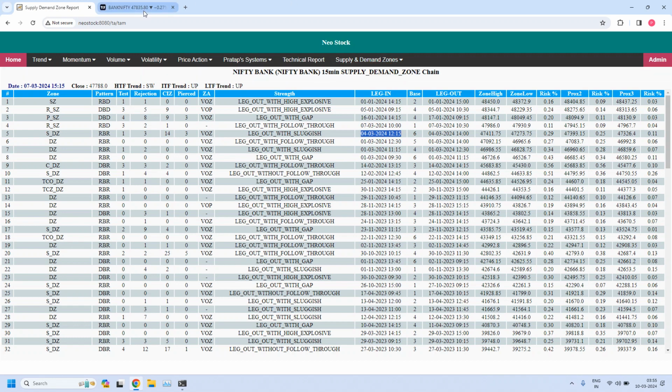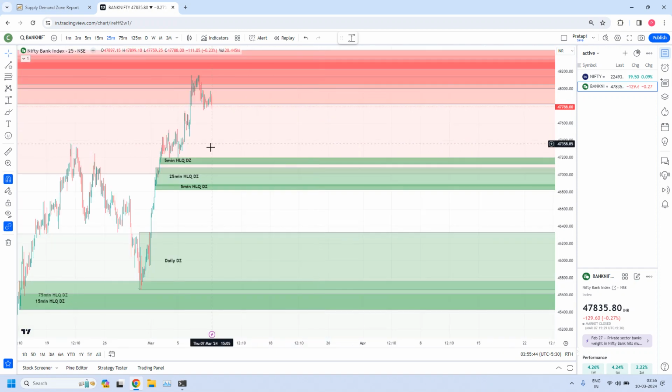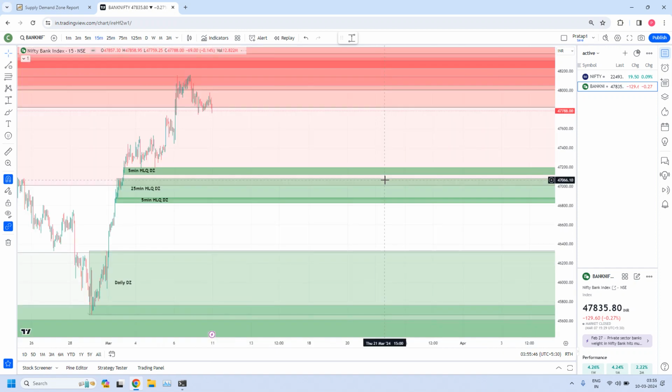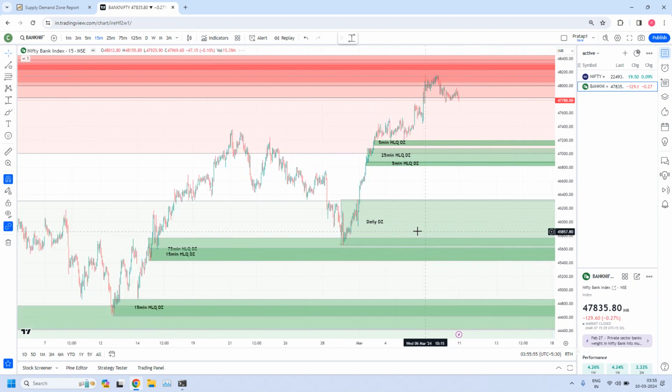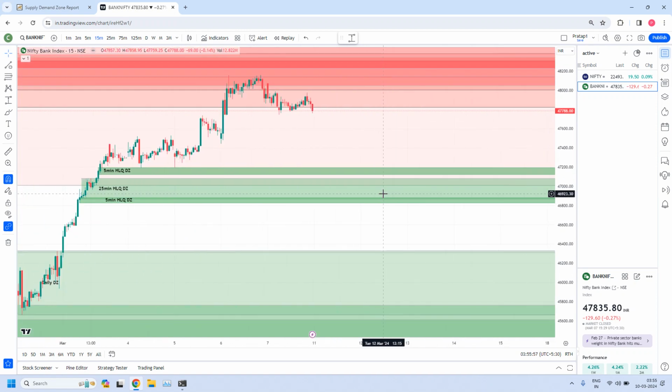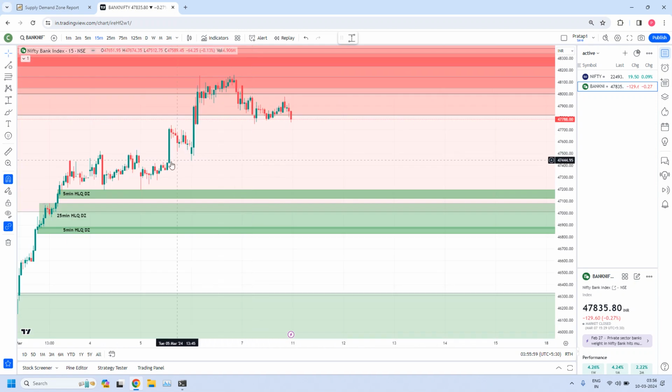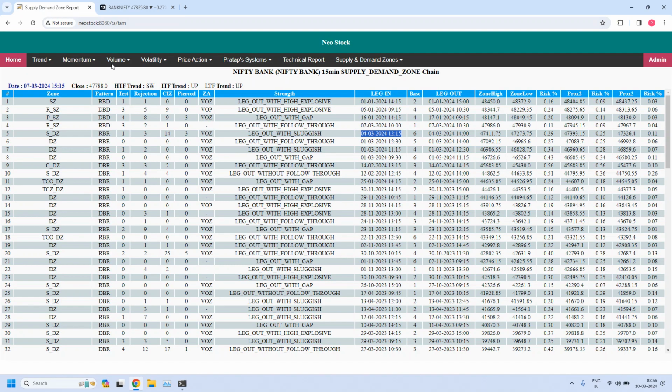So when it is 4th March, let's go to the 15 minutes time frame.